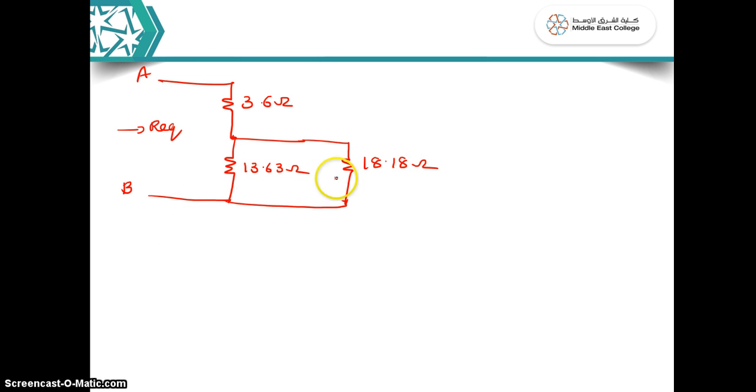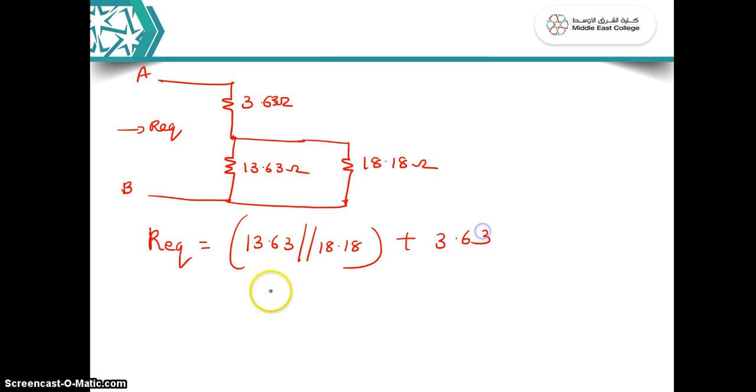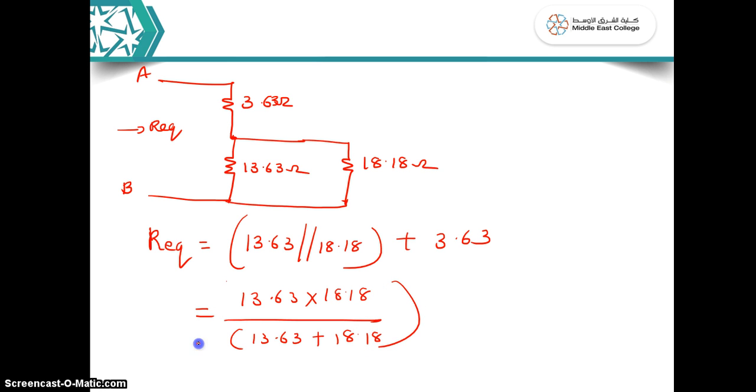So when you take the parallel combination of this, the total R equivalent is equal to 13.63 parallel with 18.18 plus this 3.63 plus 3.63. So when you do that, it is 13.63 multiplied by 18.18 divided by 13.63 plus 18.18, plus 3.63.